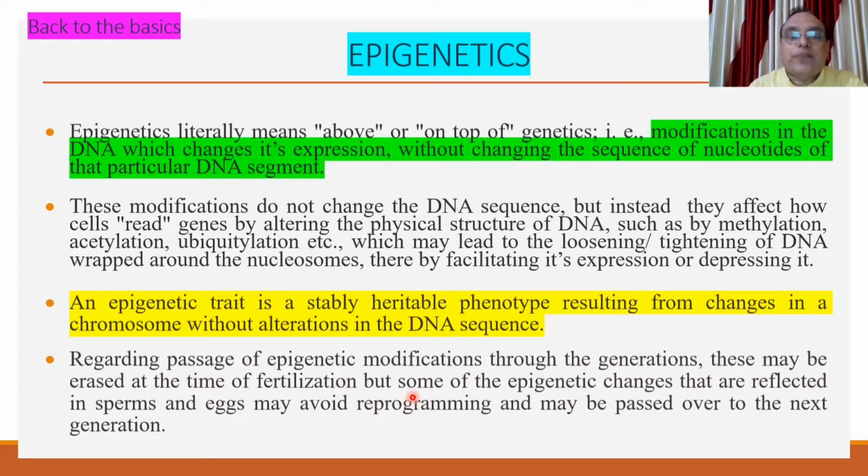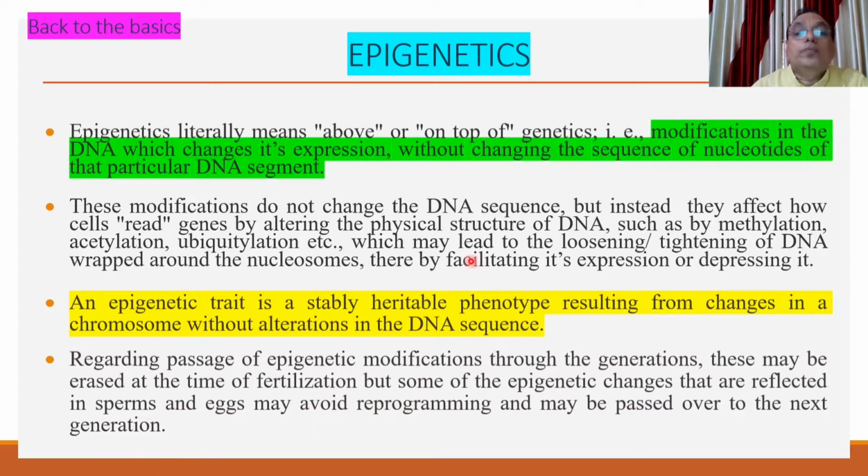So during that reshuffling, the epigenetic changes might be erased, but they may also be maintained even during the reshuffling, and those changes which are maintained during fertilization are carried from one generation to another. The specification of centromere by CENPA, that is centromeric protein A, is also such a character which is transferred from one generation to another. That is, it is a heritable character.